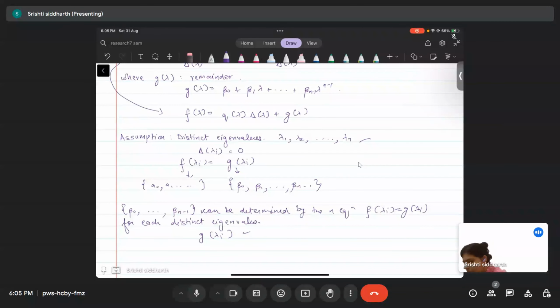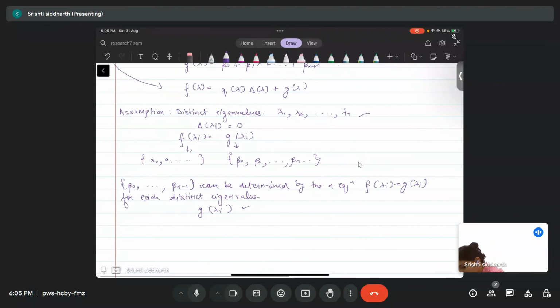And so you can substitute A in terms of lambda. So again we have f of A equals q of A times delta of A plus g of A. Okay, so you know what this is and what this is.